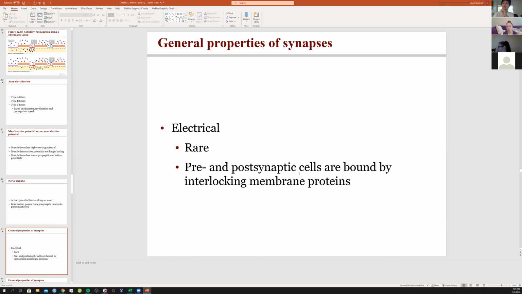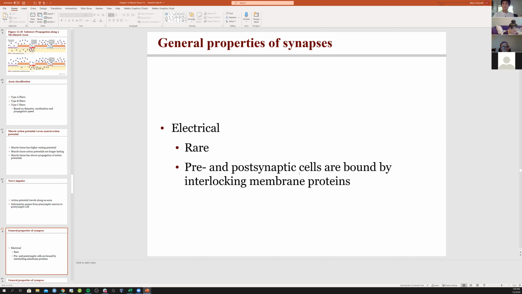And if the sum of those changes is strong enough to reach the threshold potential of negative 60 millivolts, then another action potential will fire in the postsynaptic neuron. But you see the complication of the process.